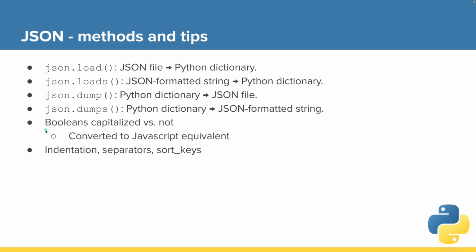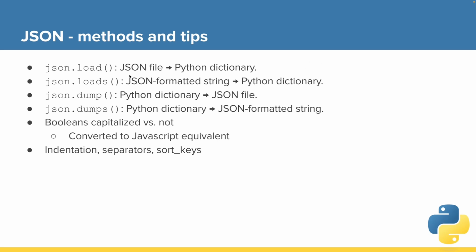I did highlight prior as well that JSON is not a Python construct. It's JavaScript. However, Python's very good at using it. So remember that these data types in Python are converted to JavaScript types in JSON.